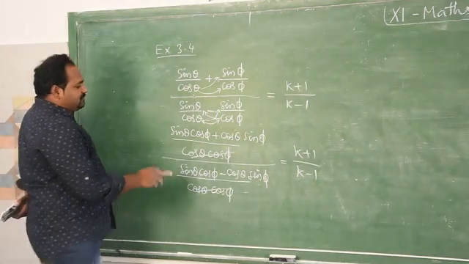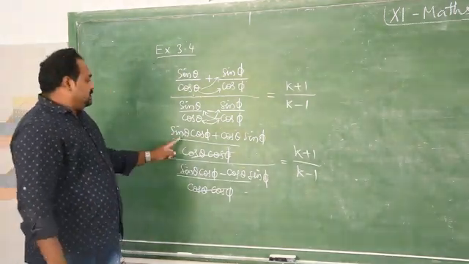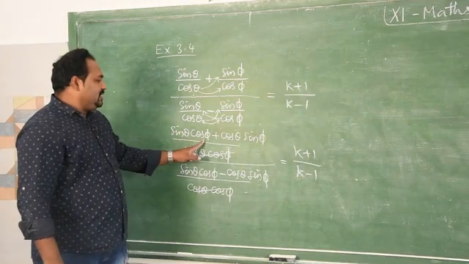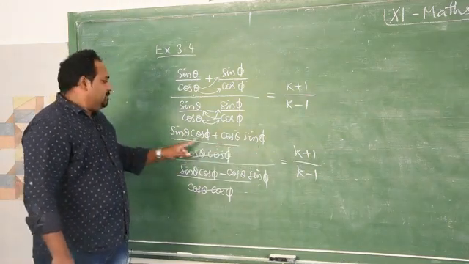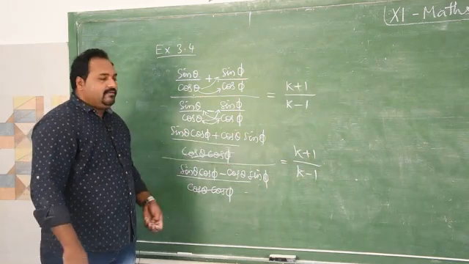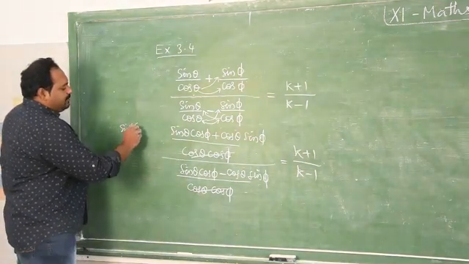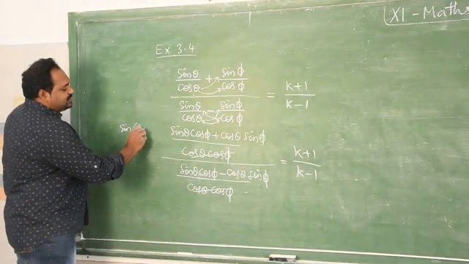Then if you see the numerator, immediately you can remember the formula. This is the form of sin A cos B plus cos A sin B, I mean sin x cos y plus cos x sin y. What is the formula for that? Sin of x plus y.